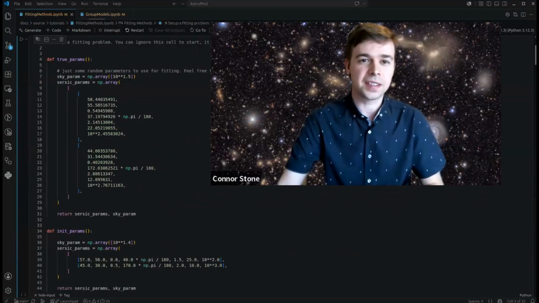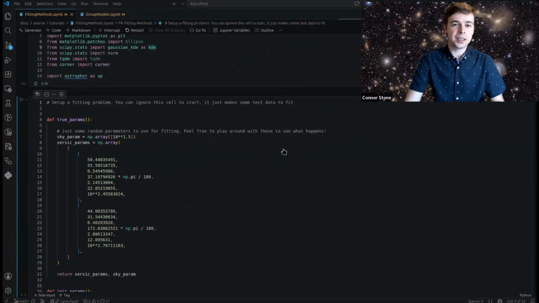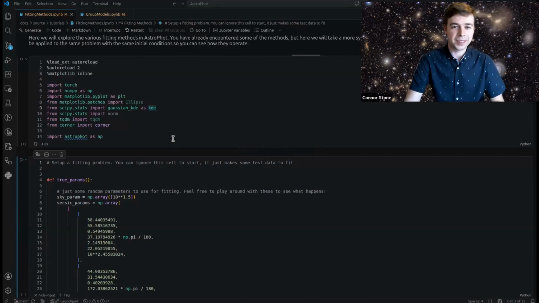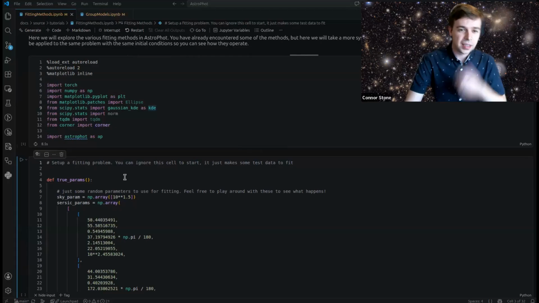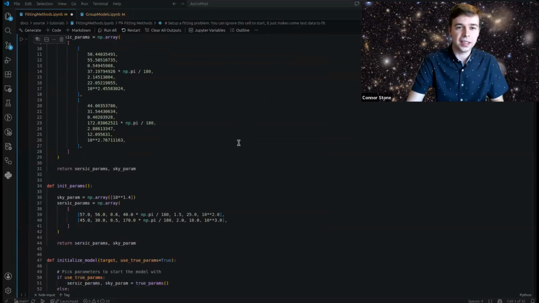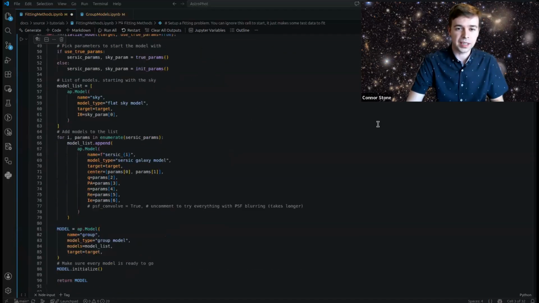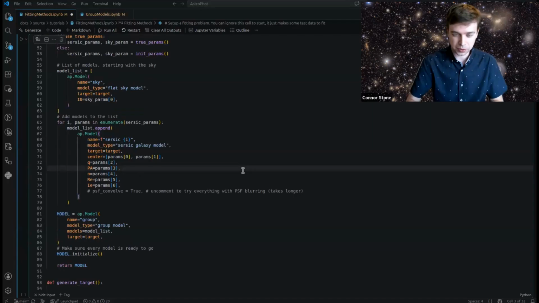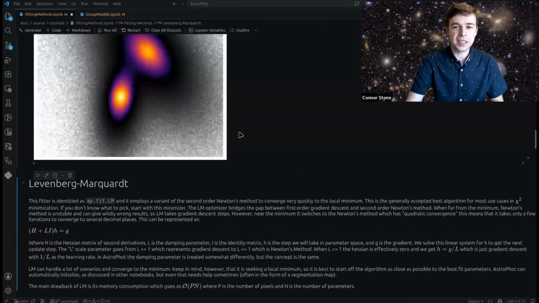So first, as always, we've got to import AstroPhot. Here we go. All right, AstroPhot is imported, and here I have a setup which is mostly just going to create some fake data for us.